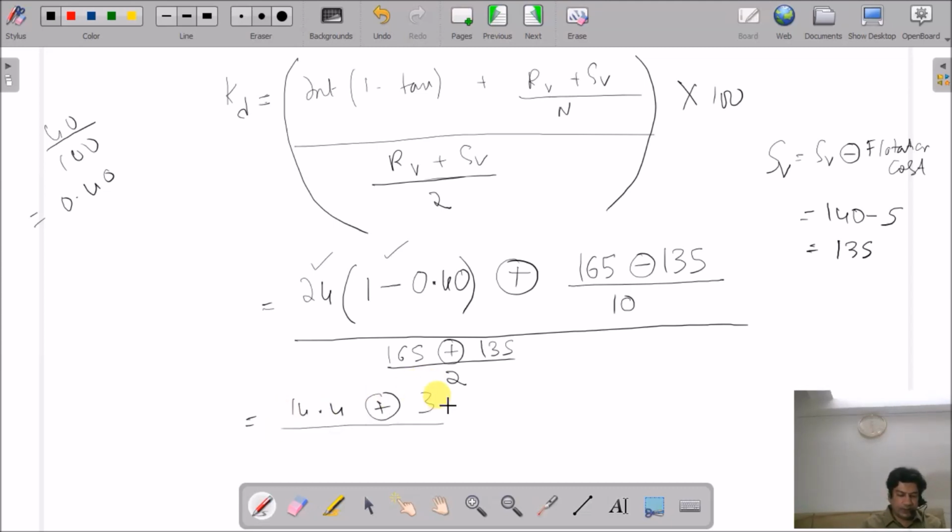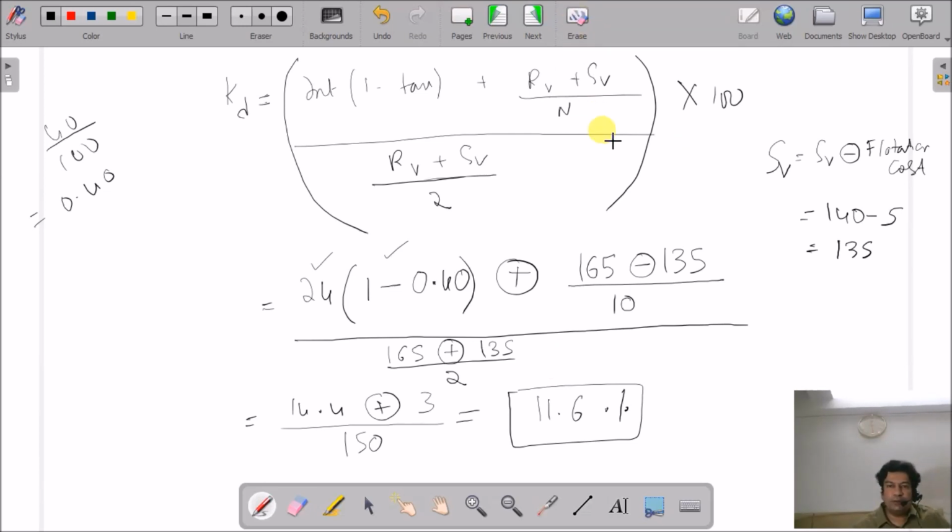Then 165 plus 135 divided by 2, so I will be getting 150. So 14.4 plus 3 divided by 150, then into 100. So I'm going to get 11.6 percent. So I have multiplied by 100. So this is what we have done for today.